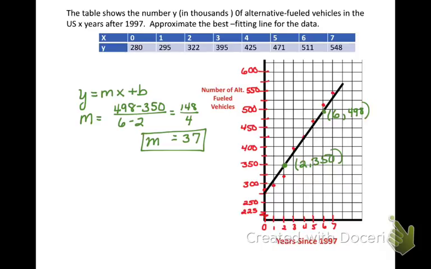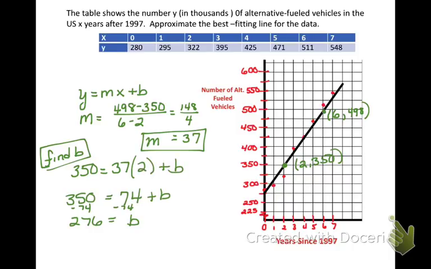And I need to find my y-intercept. So I choose one of those ordered pairs. I'm going to go with the 2, 350. Again, pause the video and find your b, rather, not y. So you're plugging in 350 for the y, using the slope I found, 37 times 2 plus b.